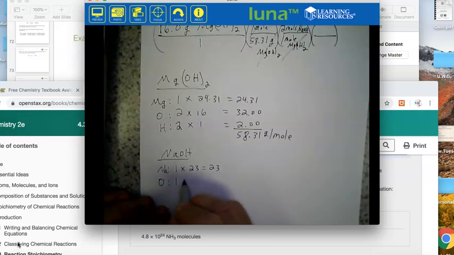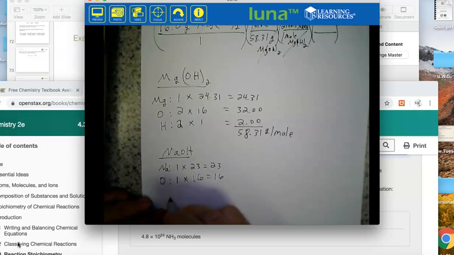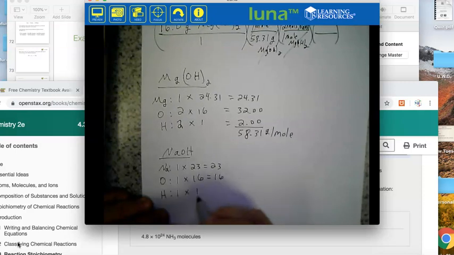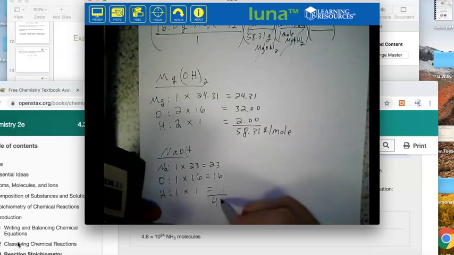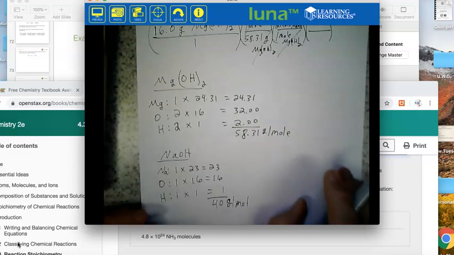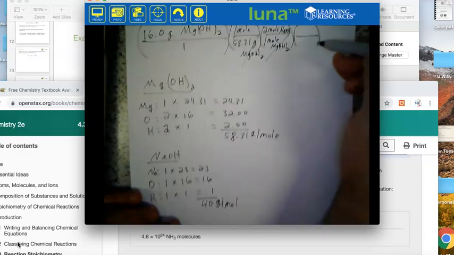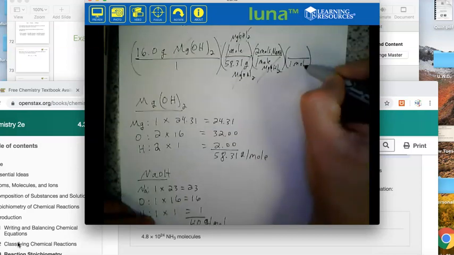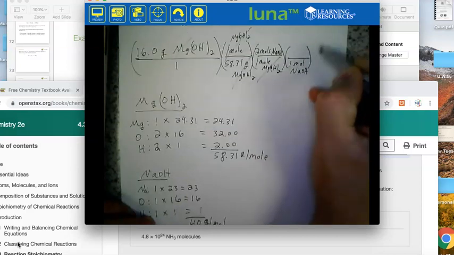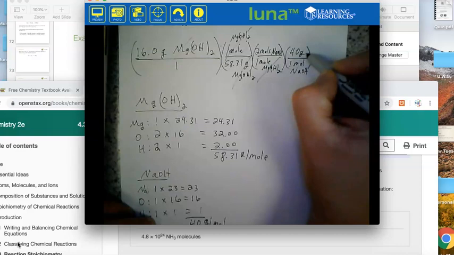And for oxygen, there's 1 atom there, and it's 16. And then for hydrogen, there's 1 atom there, so it's just 1. So I add these up, and I get 40 grams per mole. Alright, so now I can go ahead and put it in here. So for every 1 mole of sodium hydroxide, it's 40 grams.